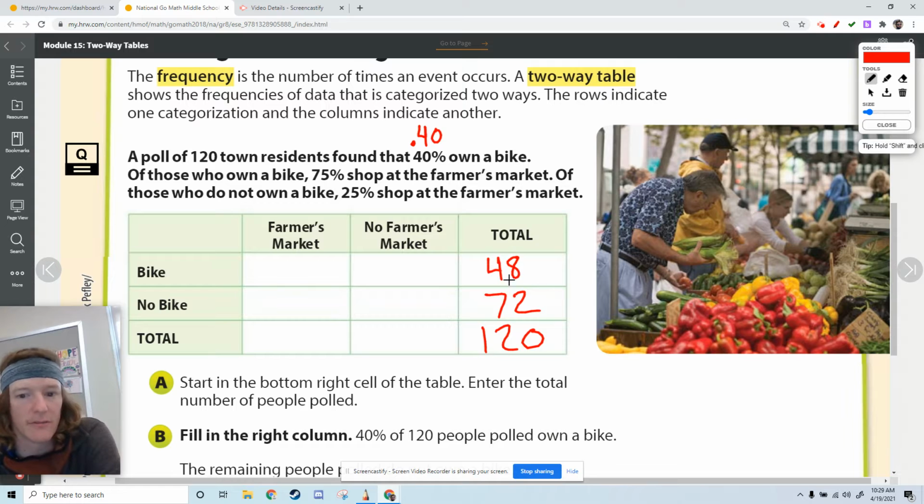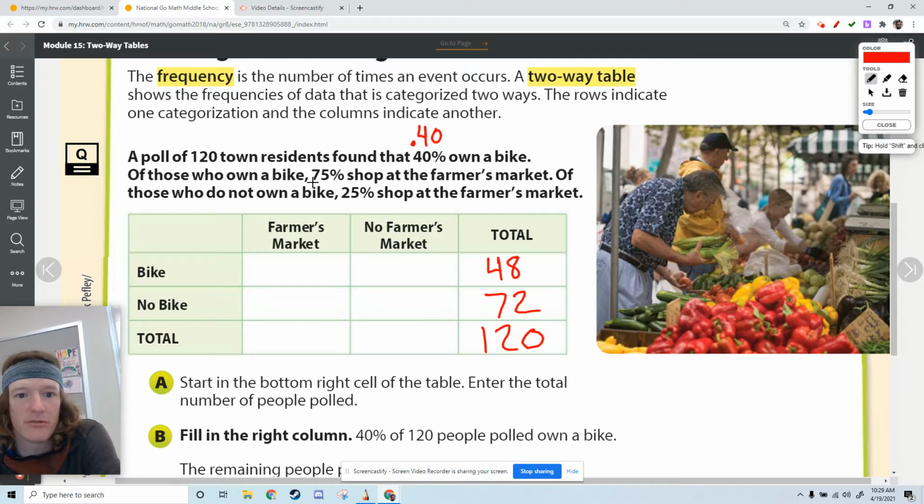Of those who do own a bike, of these 48 people, 75% shop at the farmer's market. So 0.75 times the bike owners.